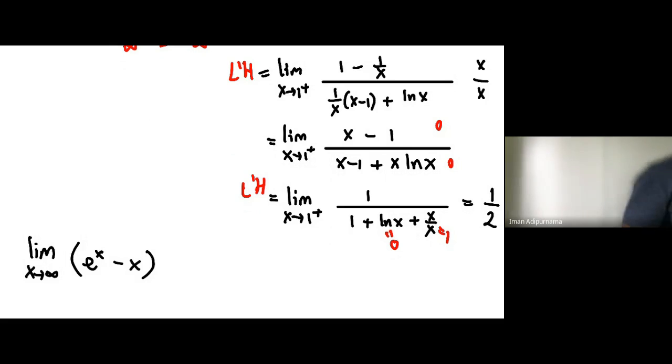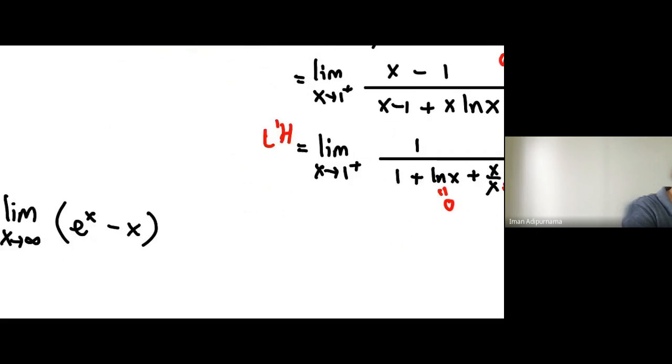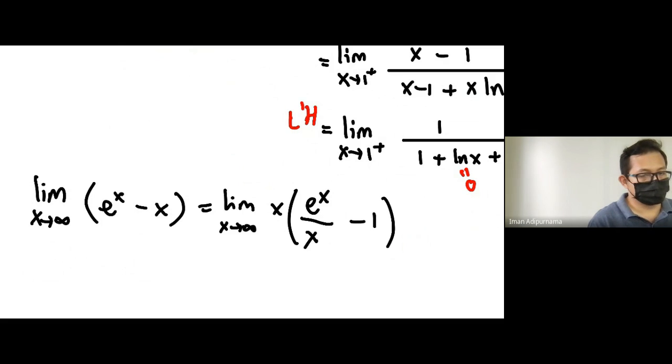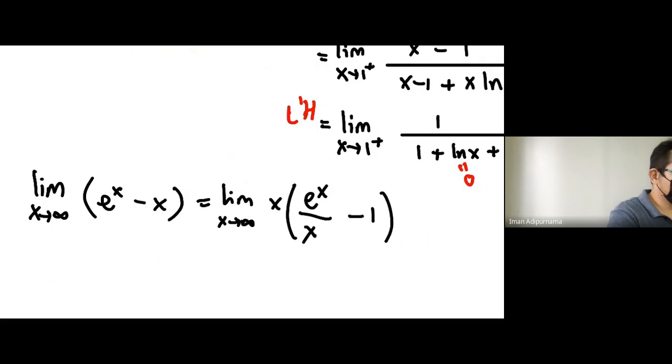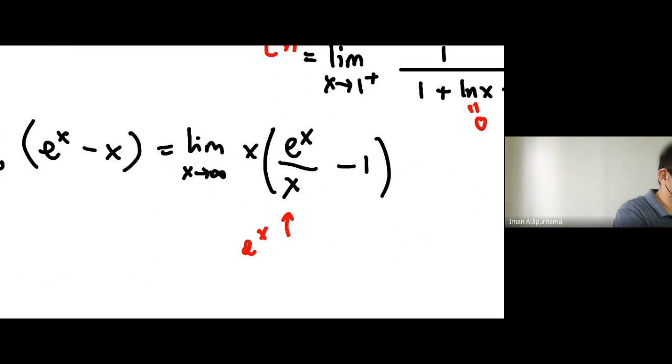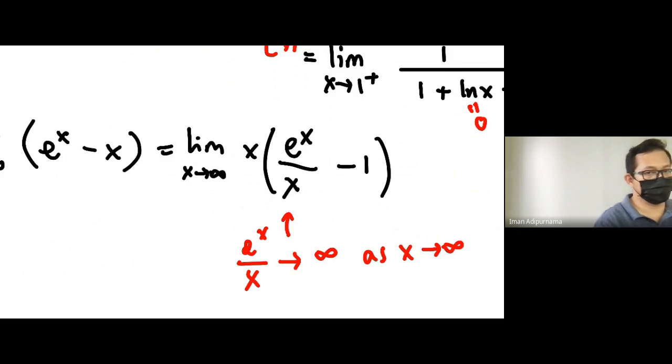But if not, we can make some form. Let's take out x. So this will be x times e to the x over x minus 1. This term, e to the x over x, will go to infinity as x goes to infinity.